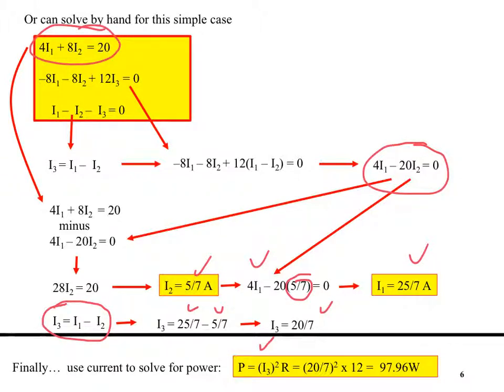I3 is 20/7, so I put in 20/7 squared times 12 ohms, which gives me 97.96 watts. So I'll give you a hint or some insight. That's an awful lot of wattage for a circuit.